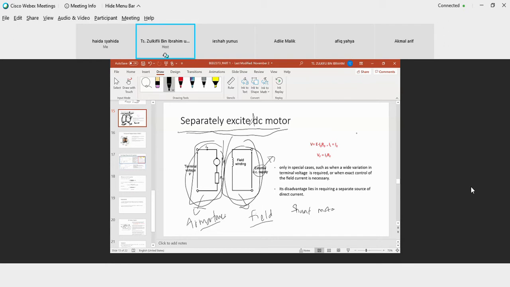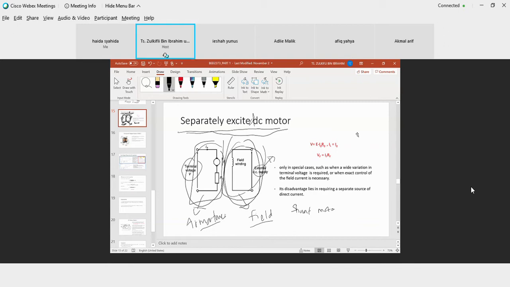And this type of motor is only for special cases, such as when you need a wide variation of terminal voltage. So maksudnya, if you need a wide range of terminal voltage but you're using a shunt motor, the field winding basically is limited to a certain amount of voltage, because if we go beyond that value you might damage the windings, sebab dia mungkin akan ada damage, akan ada flash over antara turns of the winding.